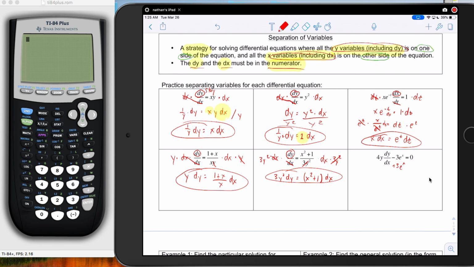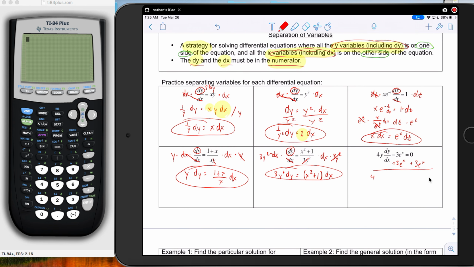Let's add 3e to the x to both sides, and so we'll get 4y dy dx is equal to 3e to the x, and we can keep the dy, so I'm going to multiply by dx to both sides, and I think that's it.